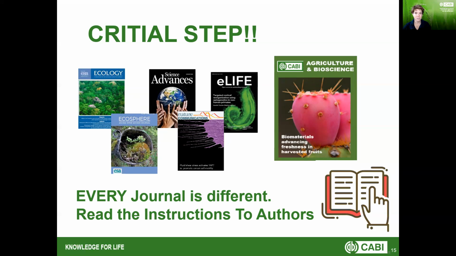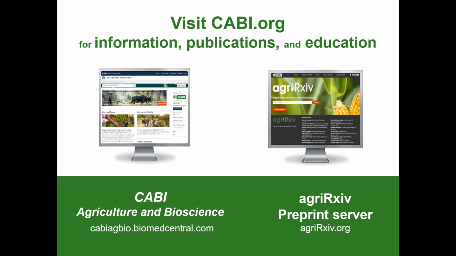Now, we hope, of course, that you will consider submitting your manuscript to CABI Agriculture and Bioscience. Before we close today's presentation, I want to encourage you to visit CABI.org for information, publications, and education related to agriculture and biosciences.